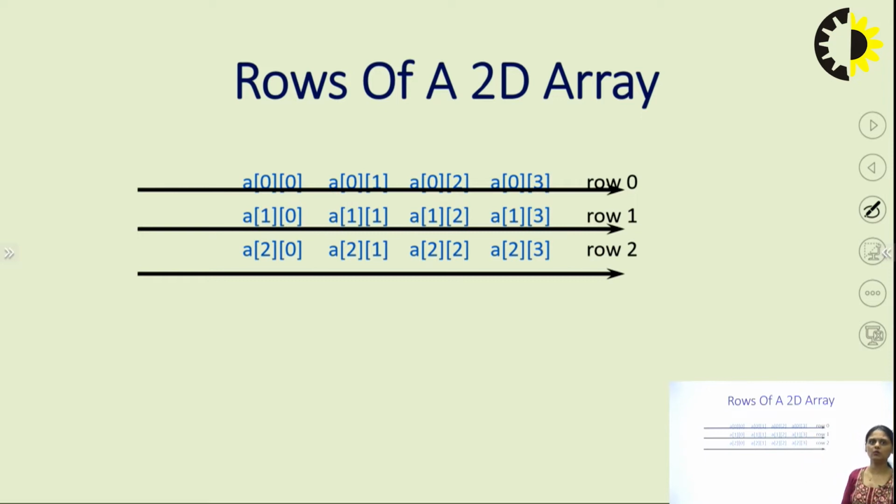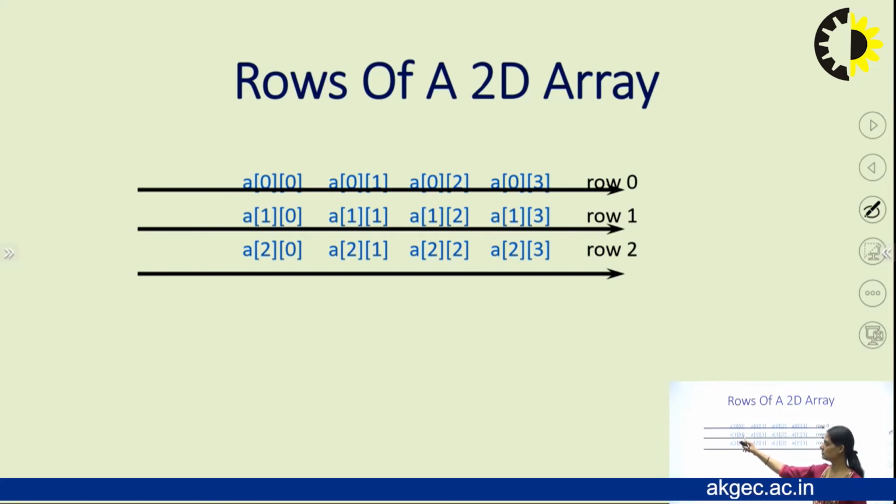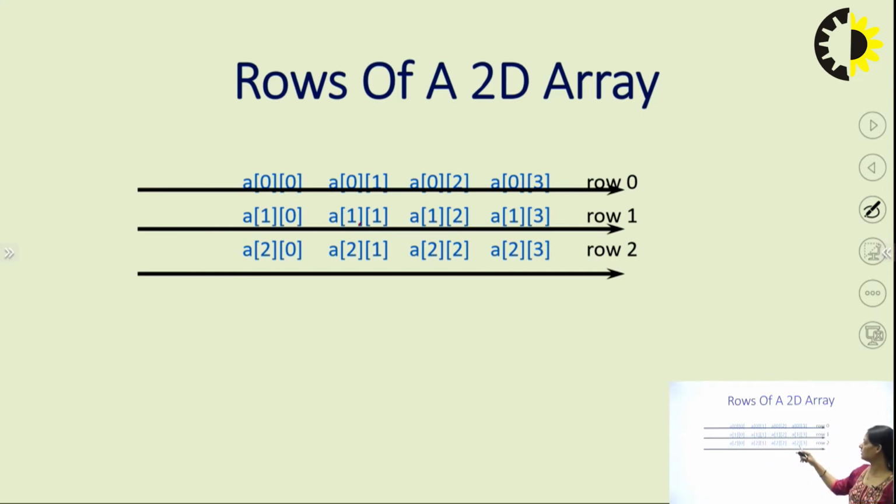So row 0 is filled first, thereafter we go to the next row: first row, 0th column, first row, first column, and it goes on and on up to the second row, third column index number.